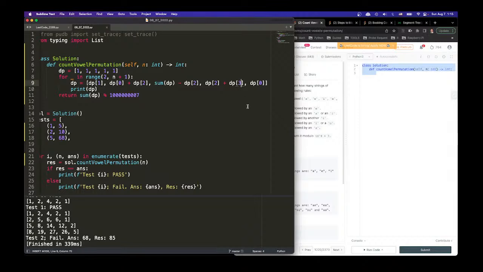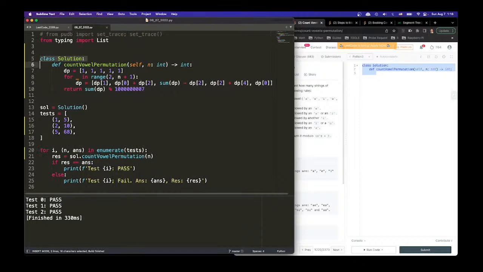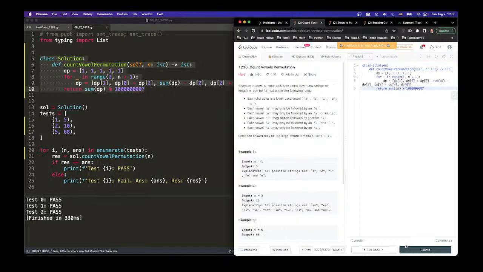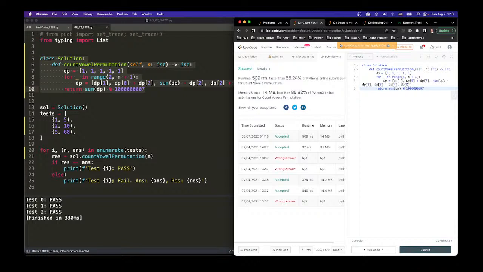Oh, dp2 plus dp4. Oh, my bad. It was just a mistake. Yeah, I'm not sure. I mean, just submit. Yeah.